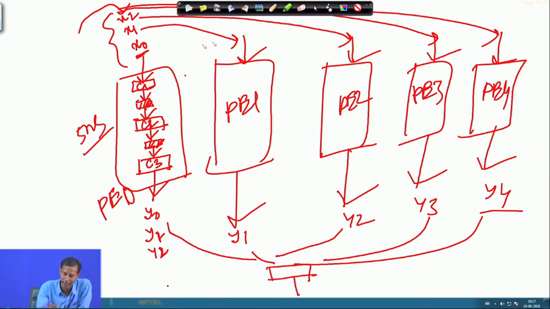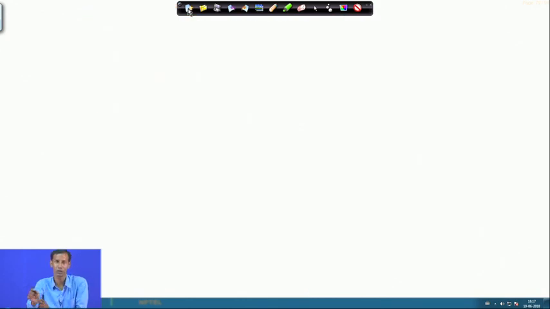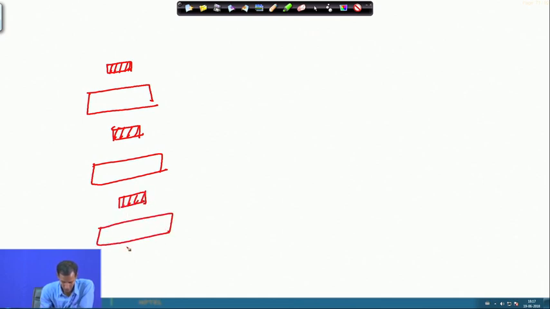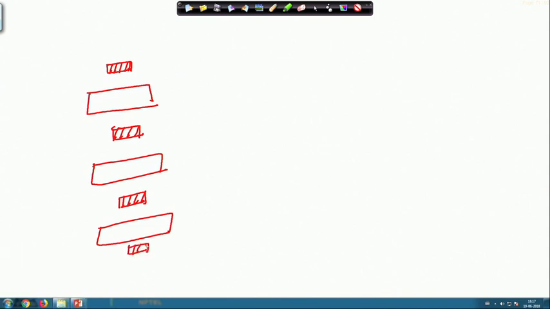So, if I just draw this particular circuit, how will it look? It will be something like this. Then again I need the registers here, then I need to draw C2, then again the registers, and then I need C3, and here I need the registers. Okay.